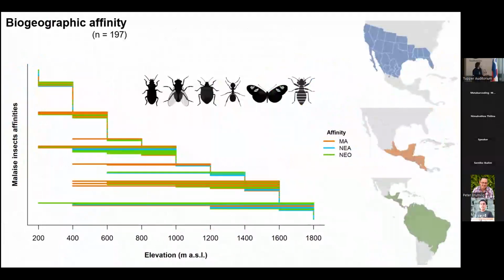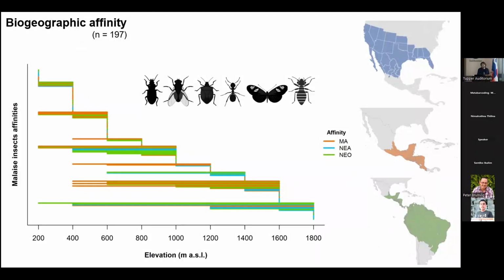Another thing we try to look at is whether we can say something about biogeographic affinity, and how taxa with different biogeographic affinities are distributed along the gradient.